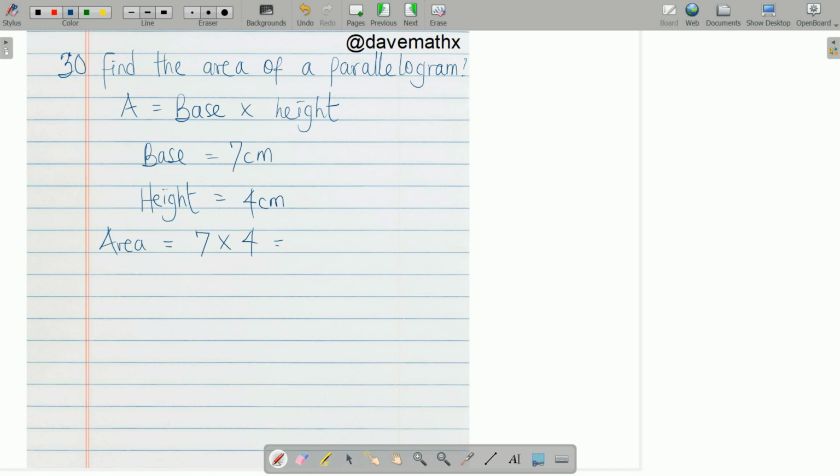Multiplication of 7 centimeters and 4 centimeters becomes 28 centimeters square.